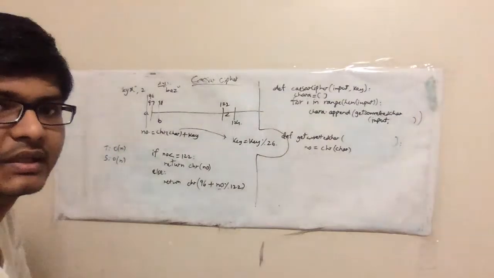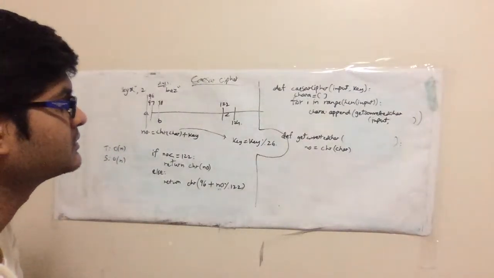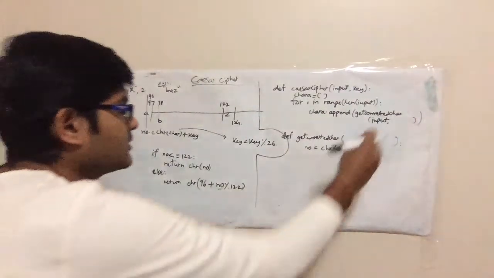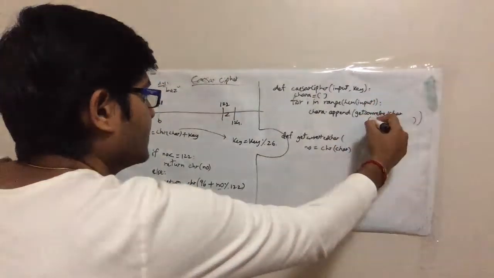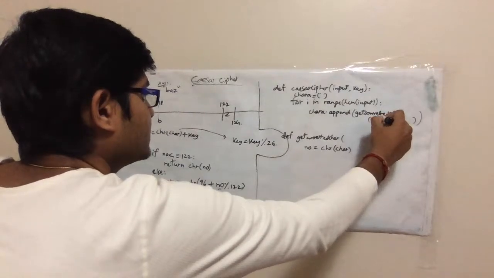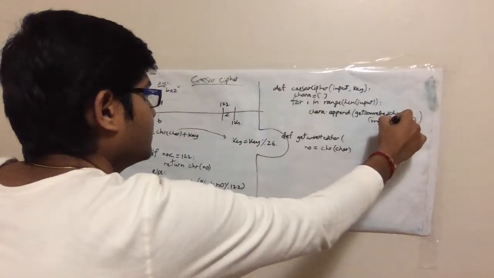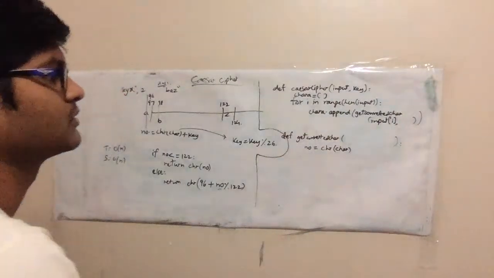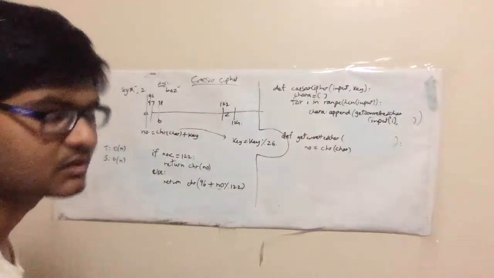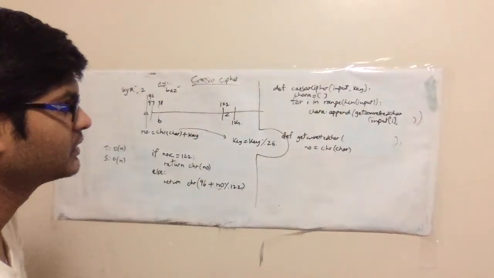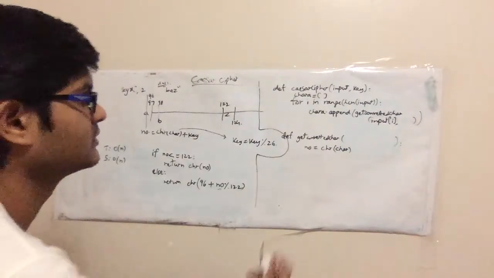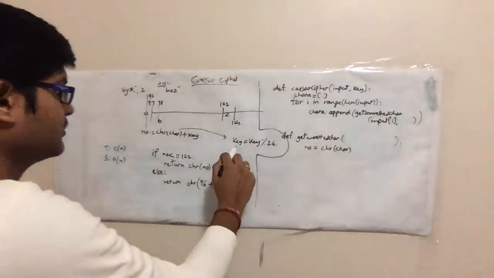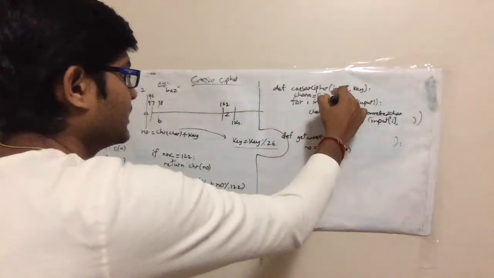So we can send it like this: input of i, that is one character, and the key value, isn't it? Because we need to calculate this new key, right?